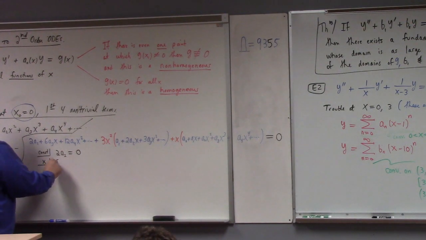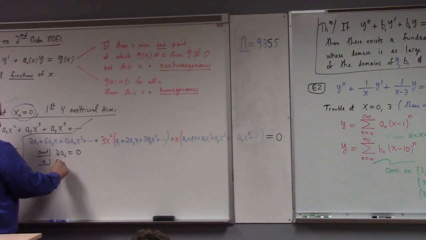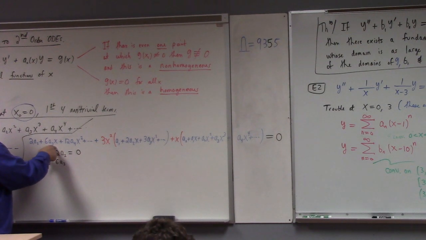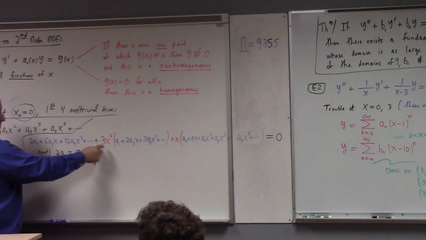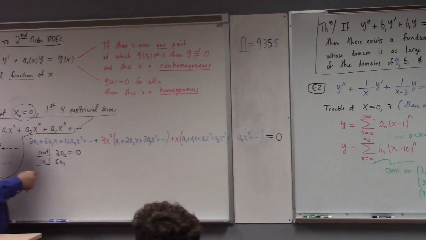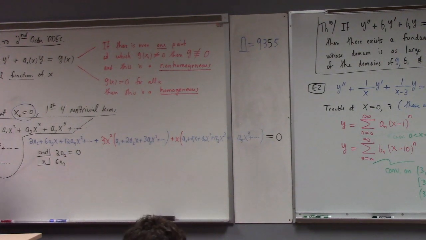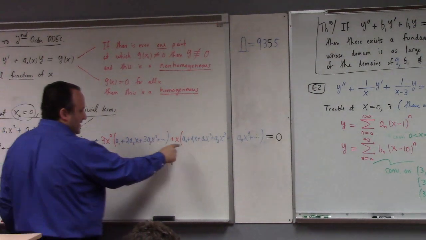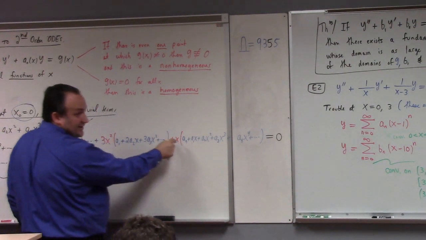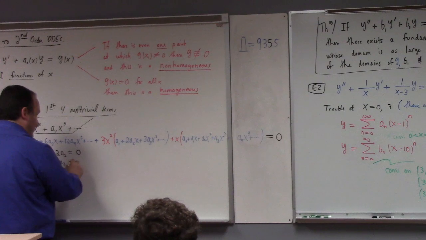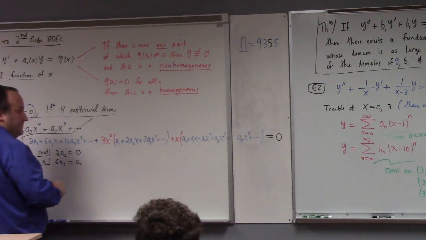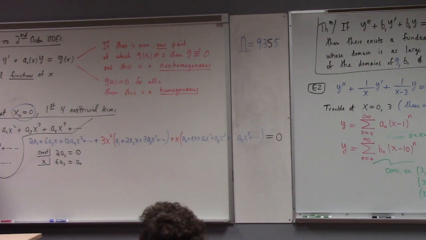We've got 6a3 here. Can I have an x term from the middle term? No can do, right? And how about over here? Just a naught. So this is plus a naught. Those are the only linear terms.